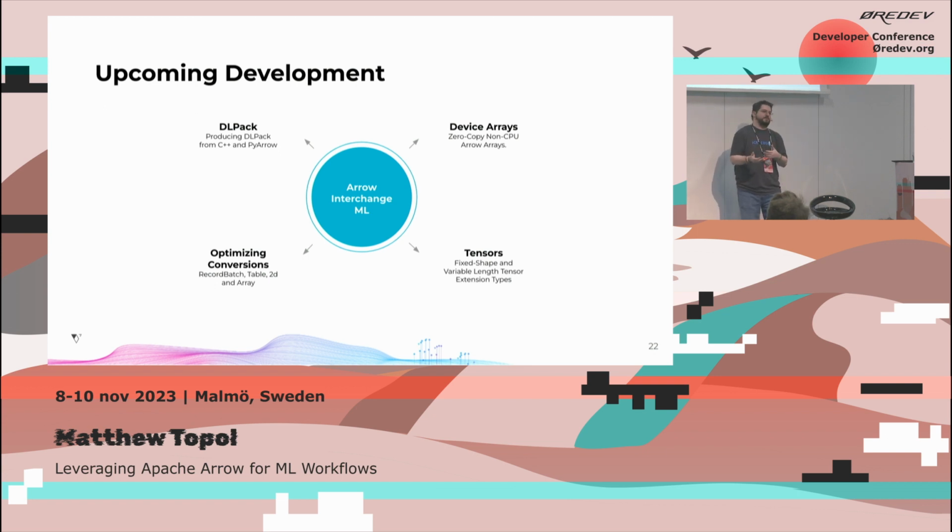In some cases, Arrow uses multiple different buffers to represent different columns, whereas for a tensor, you want that all to be a single contiguous buffer. So upcoming developments are working on optimizing those conversions for better, more efficient, more performant interchange and interoperability between these libraries and tools.